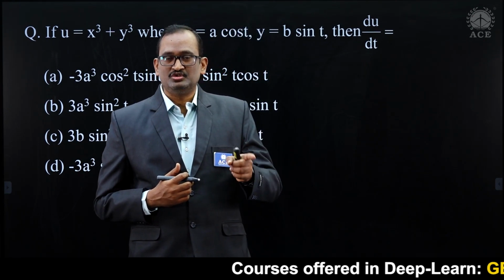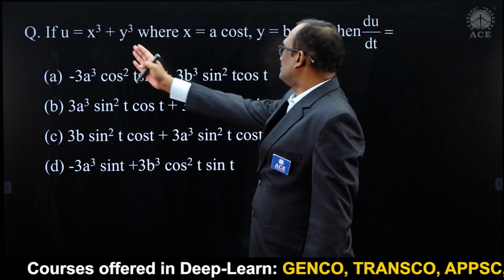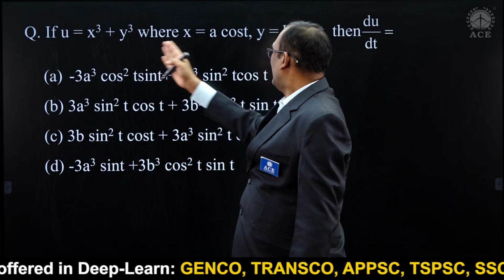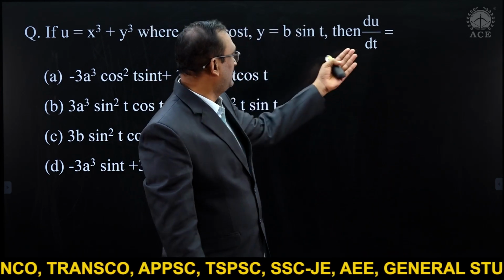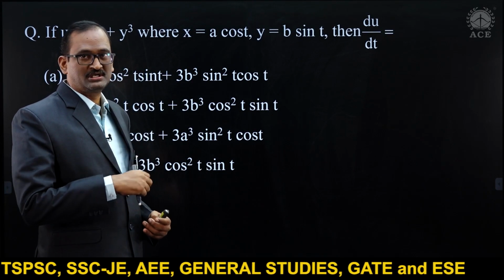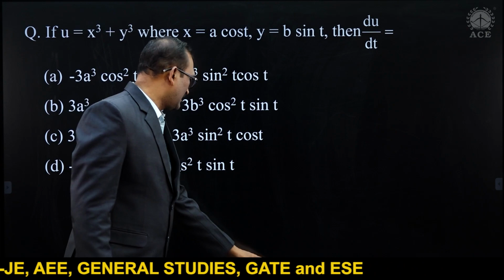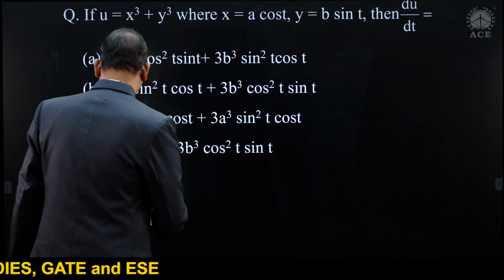Or else you may directly do like this also. Simply substitute x is equal to a cos t and y is equal to b sin t. Directly you can find du by dt. That is fine as compared to applying that particular total derivative concept. So I would like to do u is equal to x cube plus y cube.